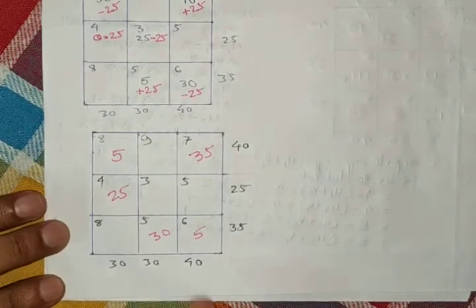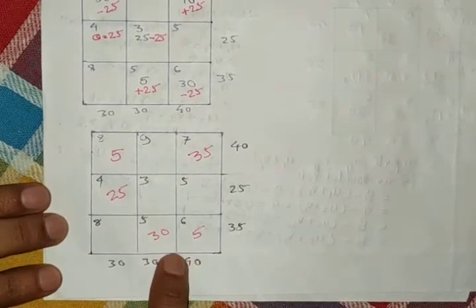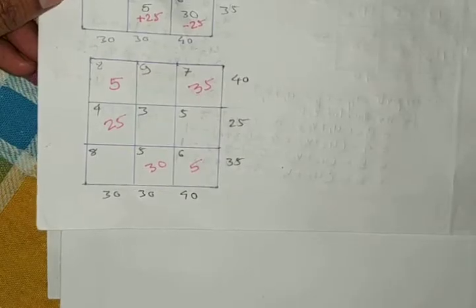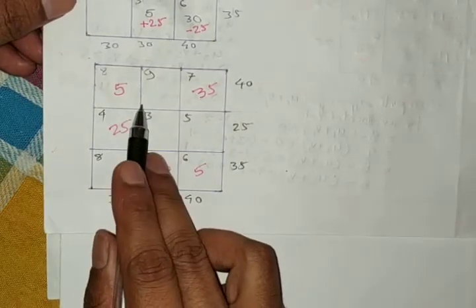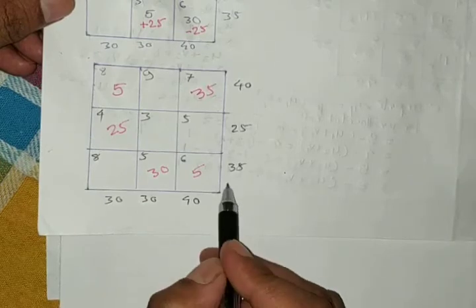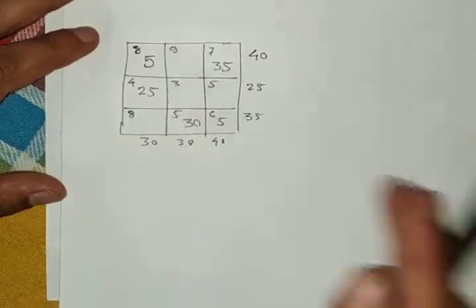Now whether this allocation table is optimum or not, we have to check again by using MODI method. So let's try to do it. After putting the allocation like this, we have to check whether it is an optimum table or not. So for this purpose I am rewriting here.